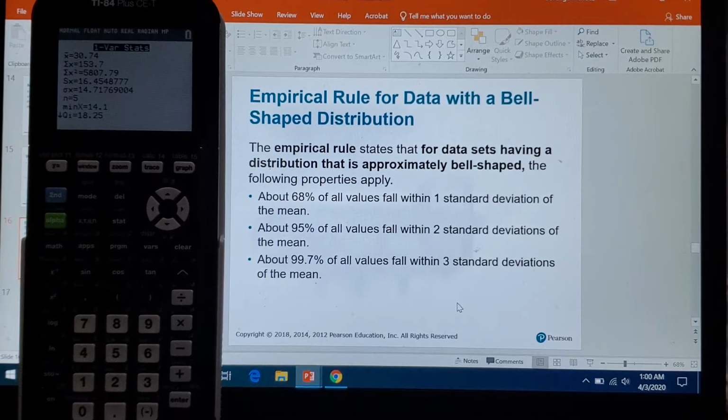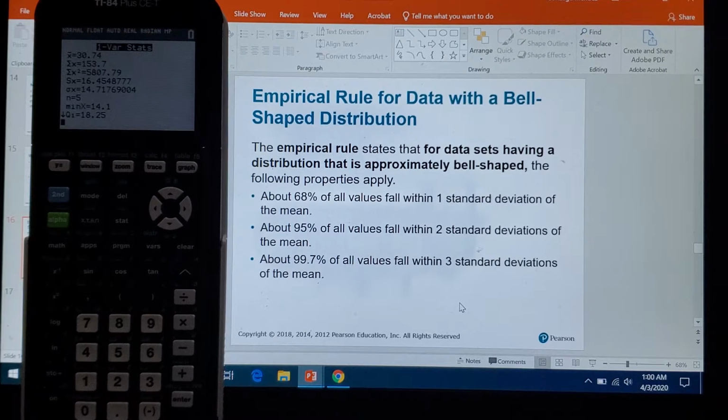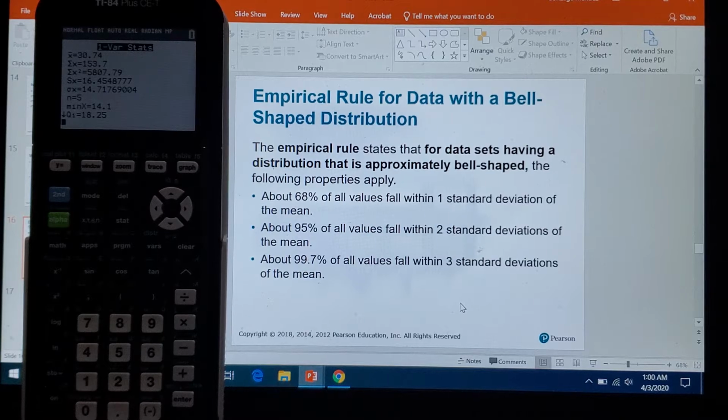We saw the different distributions. There's skewed left, skewed right, and then there's the symmetric, there's the uniform, and uniform is symmetric, and then you have your bell-shaped symmetric. Because skew left and skew right roughly look bell-shaped, but they're not symmetric at all. So this empirical rule, we're going to see a picture of it right now.